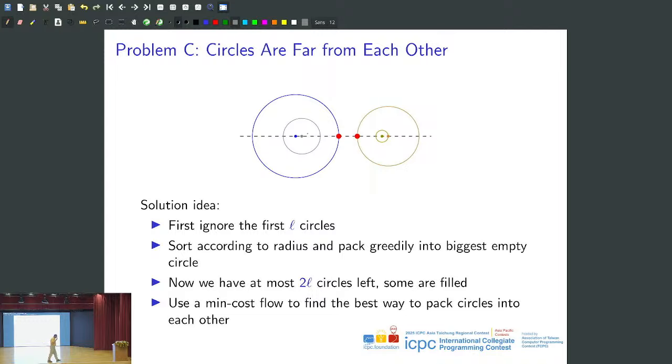So you could first ignore these first L circles, solve the problem optimally for the remaining circles, and then try to pack the already packed circles into the first L circles, and also pack them into each other. So actually, it's the same problem as before, but now only with at most 2L circles. And L is only 200, so now the problem is actually easier because the number is smaller.